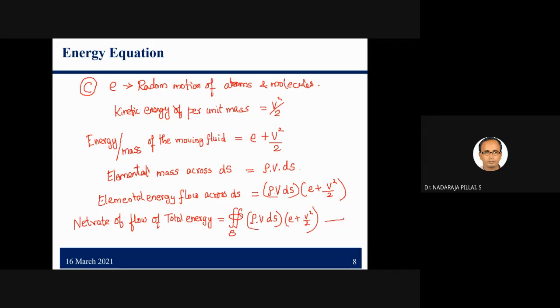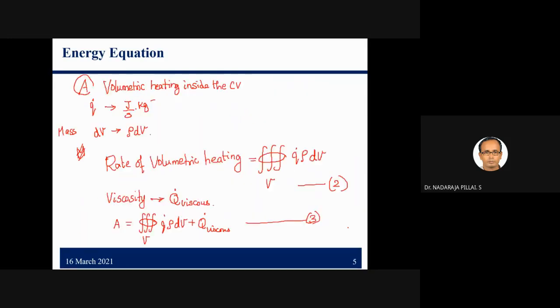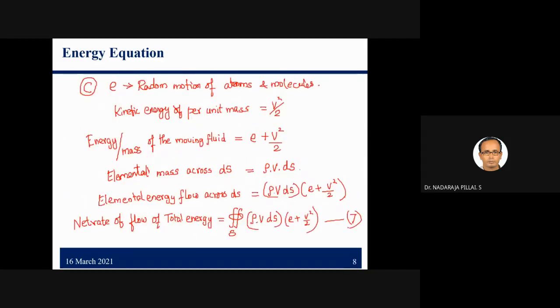So this is equation number 7. So we got the equations A, B and C already, right? So this is C, right? So we have now the 3 components.